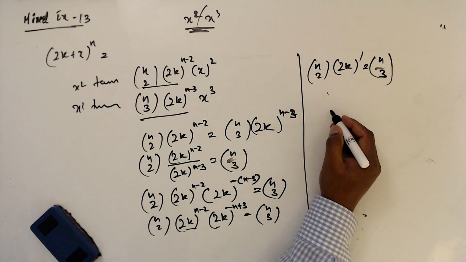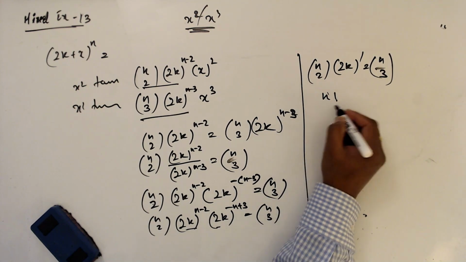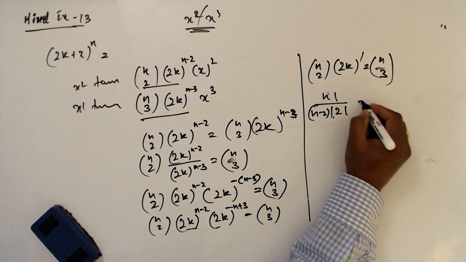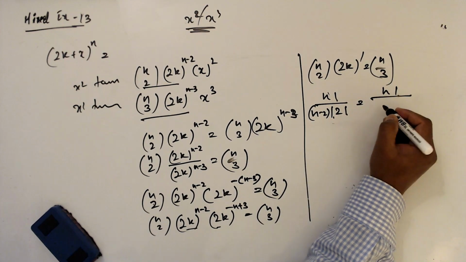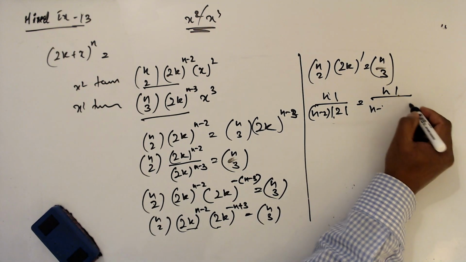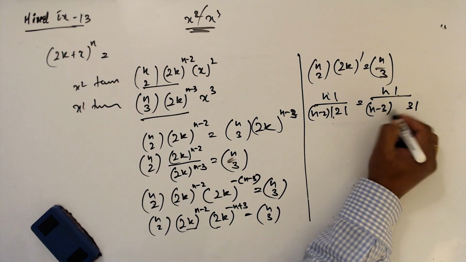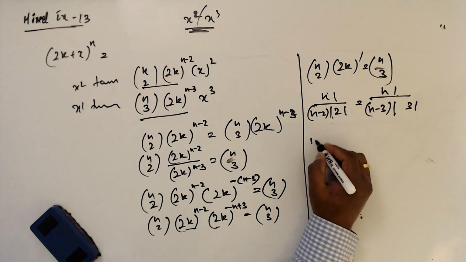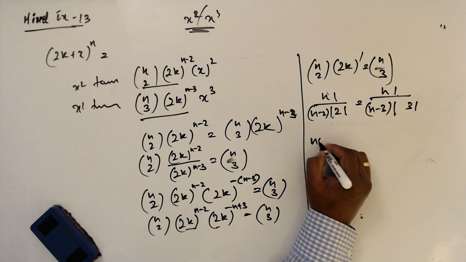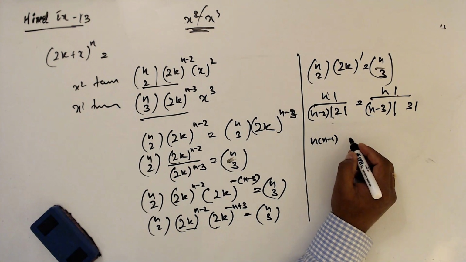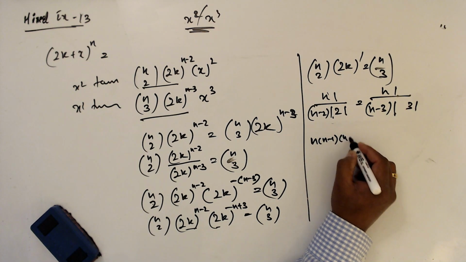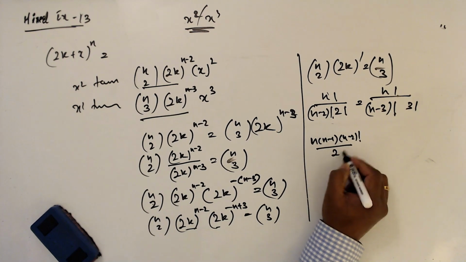Now I am going to simplify this one. Factorial n over factorial 2 times n minus 2 factorial, and this is factorial n over factorial 3 times n minus 3 factorial. So this is n, I am writing n minus 1 factorial, n minus 2 factorial over factorial 2.